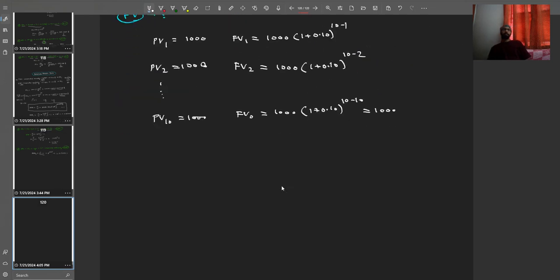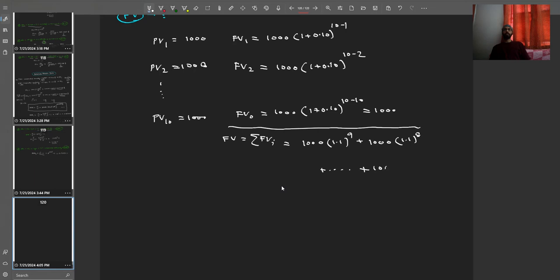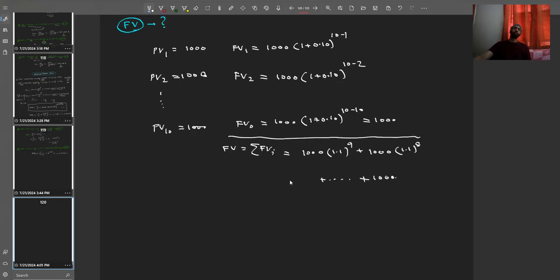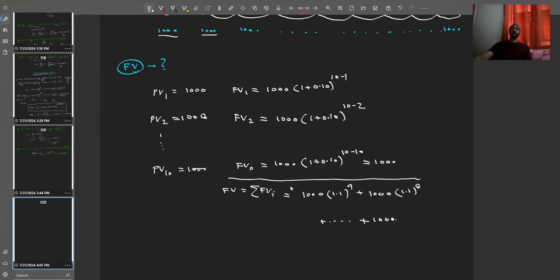So the total future value is the sum of all these small intermittent future values. This is equal to 1000 multiplied by 1.1 to the power 9, plus 1000 multiplied by 1.1 to the power 8, and so on, plus the last one, which is 1000. This is the way we calculate the future value of a periodic investment scheme, or an annuity.